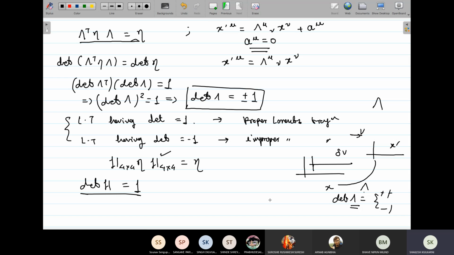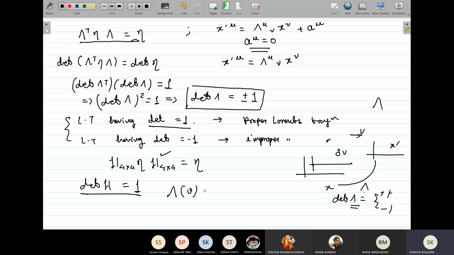Is it clear? So the Lorentz transformation which is continuously connected to identity will have determinant +1. In other words, suppose I think of this Lorentz transformation as a function of some parameter. We know what that parameter is. It is a velocity. Apart from velocity there will be other things, but as far as boost is concerned, velocity is the parameter.